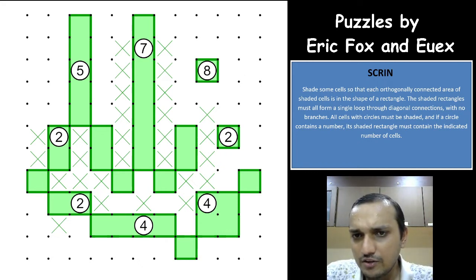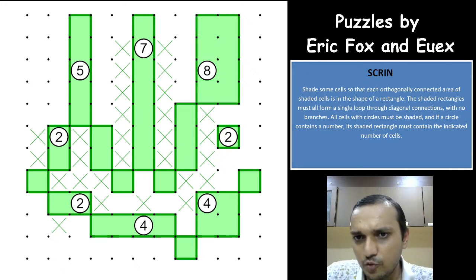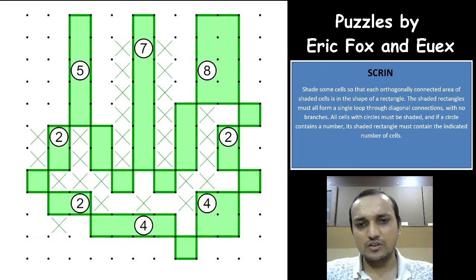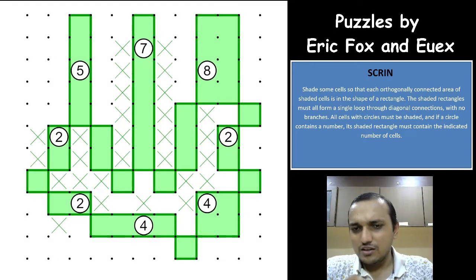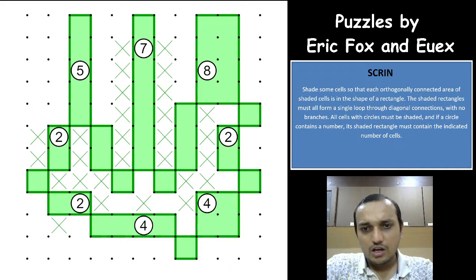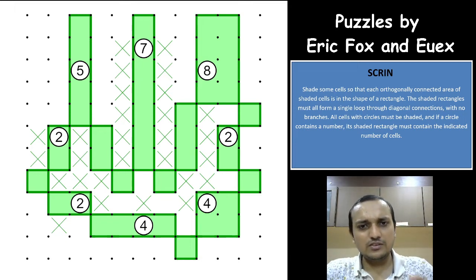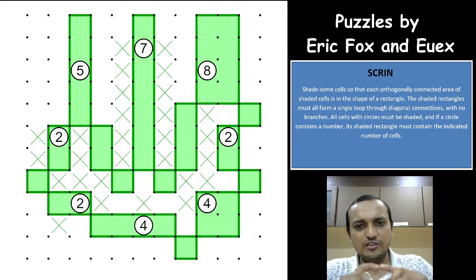And now 8 will have a diagonal connection at the end, right? So let us see, this will go up, and now there is only one possible way for the 4, and with that we complete this puzzle. So if you see here, it's quite complex and confusing, but what I meant was, if you see here the loop, this is one of the loops here, and the loop is formed using the numbers and rectangles with diagonal connection.